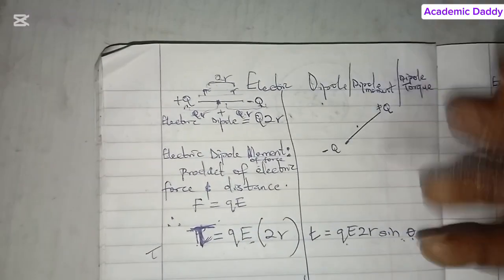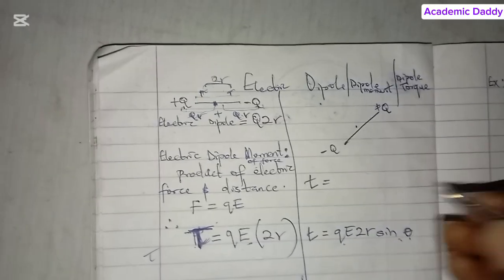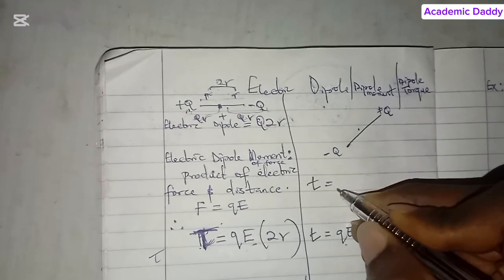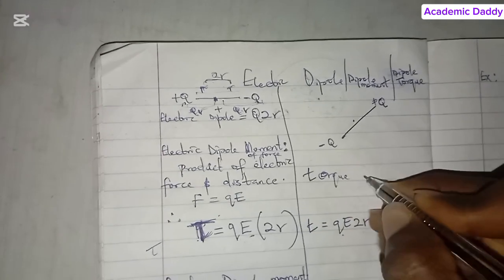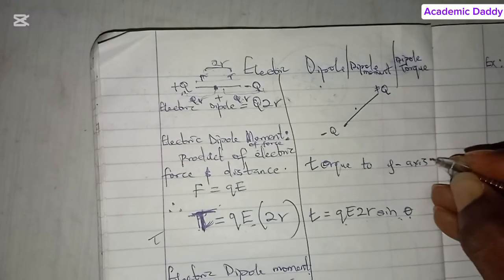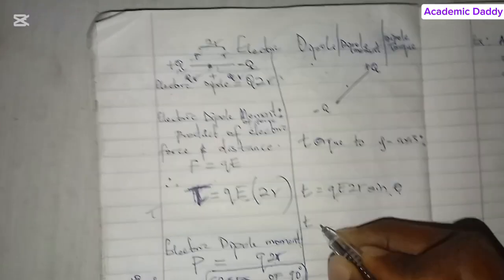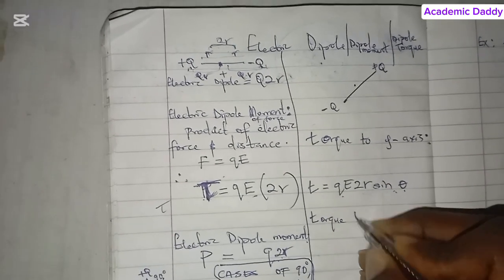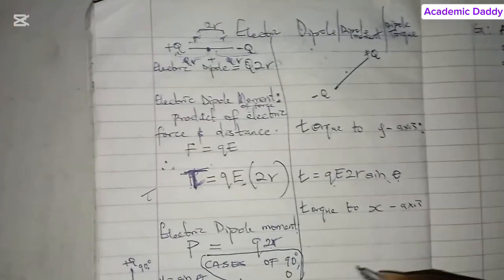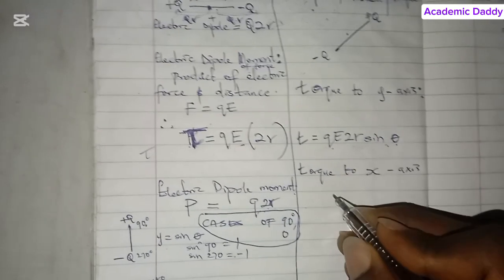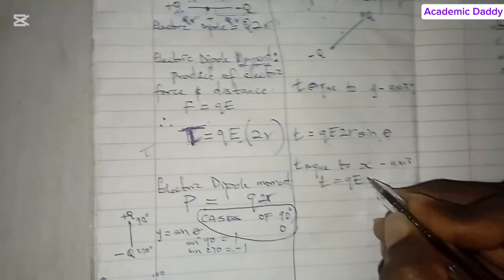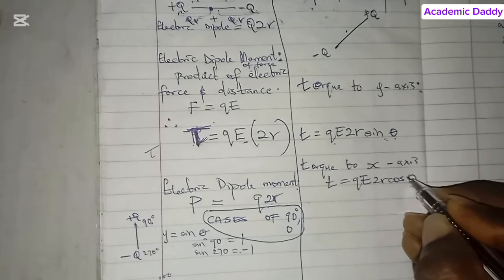If I'm taking this to the y-axis, the torque will be the same as what is already here. So torque to the y-axis is what you have here. But when I now have torque to the x-axis, you will see that what I'm going to have is simply T equals QE 2R cos theta.